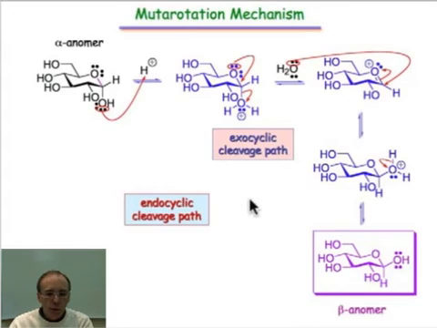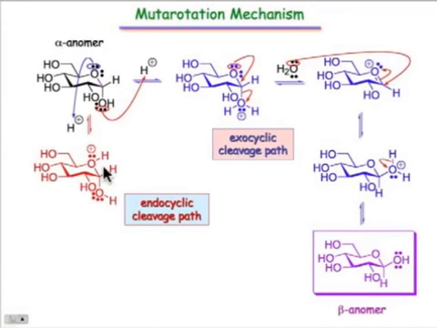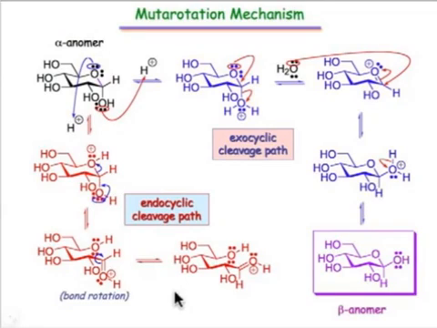Alternatively, we could have set up this mechanism in a slightly different way. Had we protonated the oxygen in the ring, we would have ended up with an intermediate that looks like this. That intermediate would then go on and do a beta elimination, lone pair assisted, and now what we need to do is to change the face by doing a bond rotation about that bond and show the opposite face so that the hydroxyl group can add into that polarized pi bond on the opposite side from which the cleavage took place.